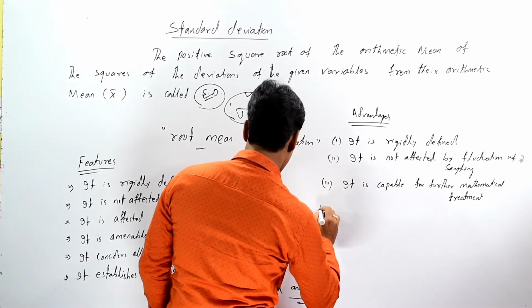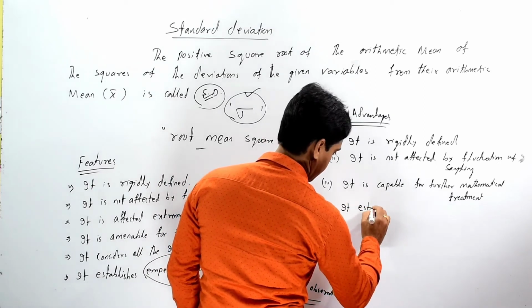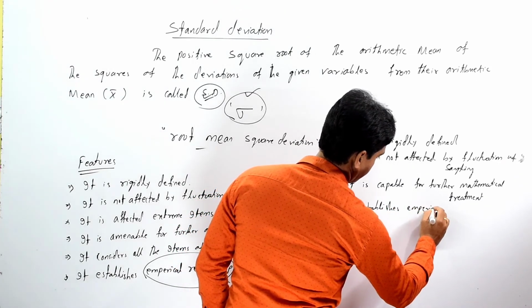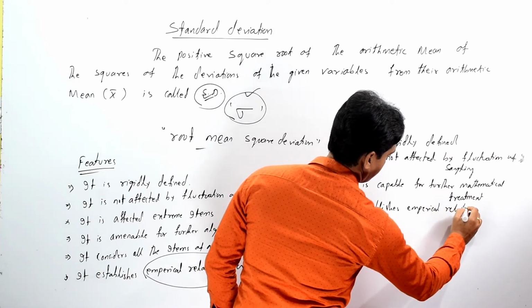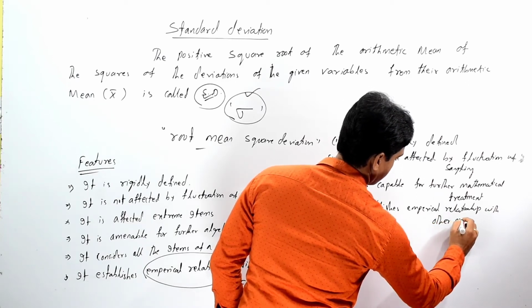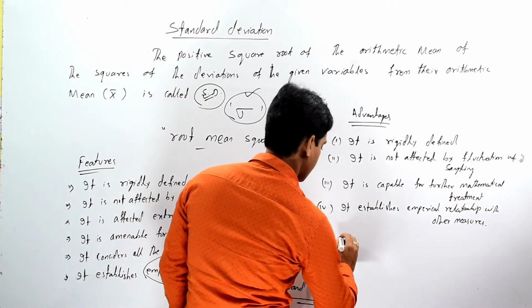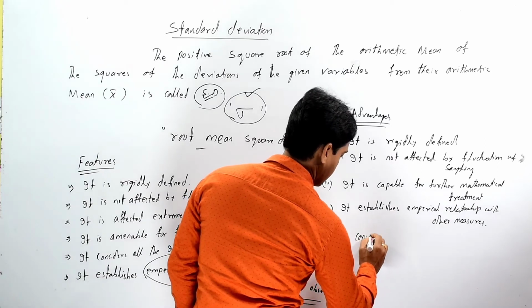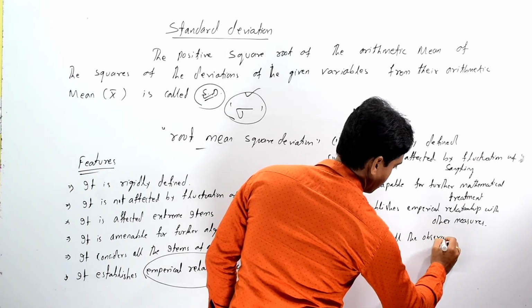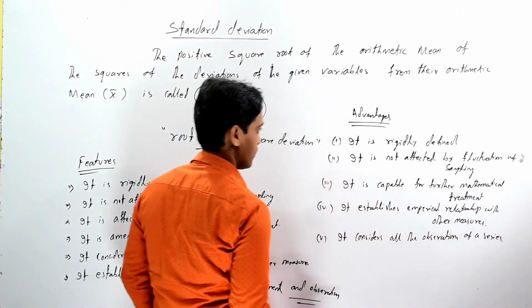Then it establishes empirical relationship with other measures. Then it considers all the observations of a series or distribution.